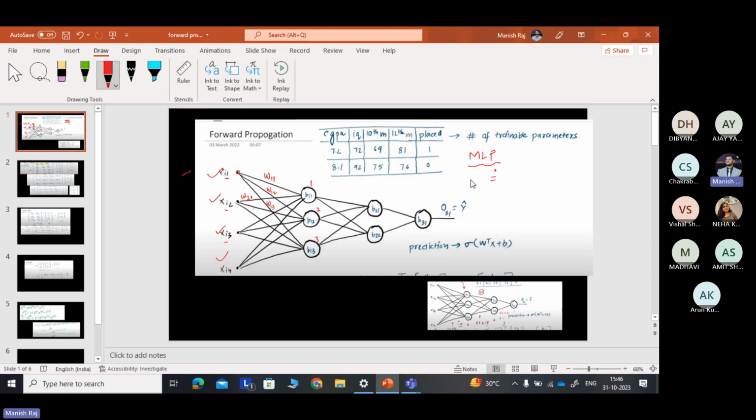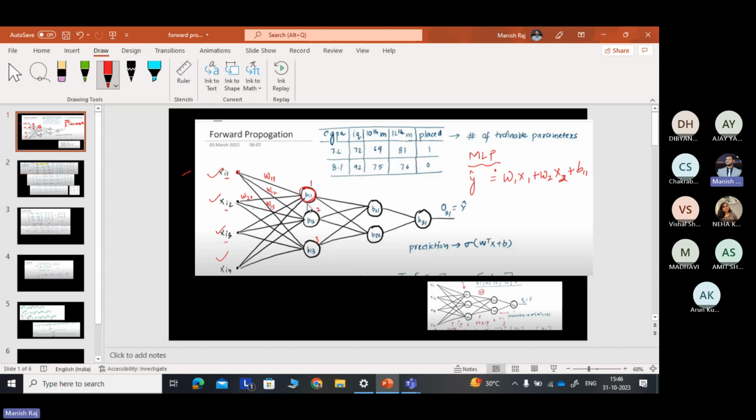You have already seen the equation, like W x1 plus W x2 plus some bias, which you can write as one or two. So here in the perceptron you are writing the bias. This is the bias B11, this is B12, this is B13.